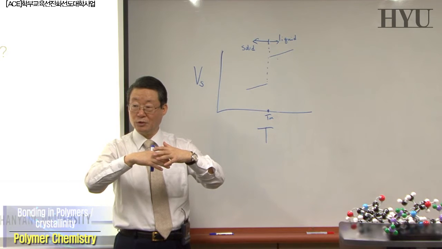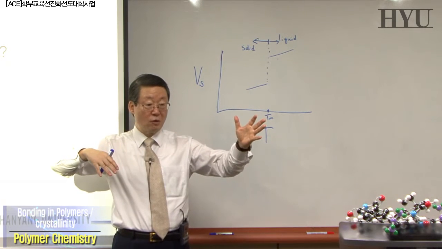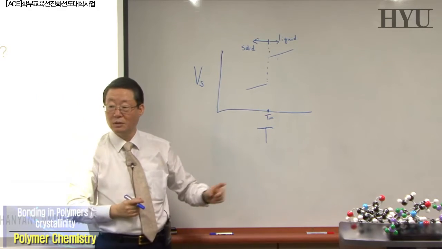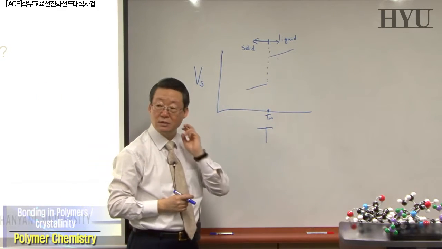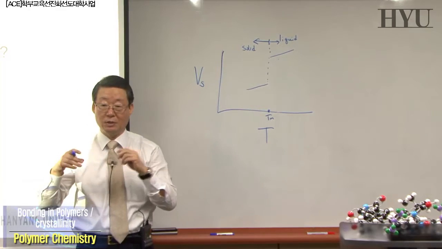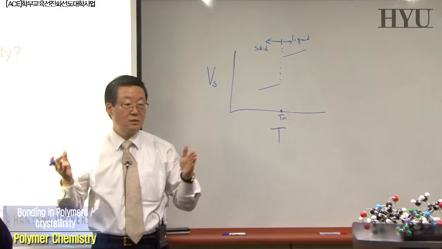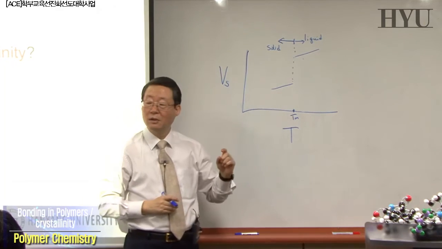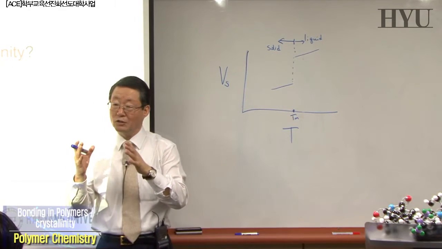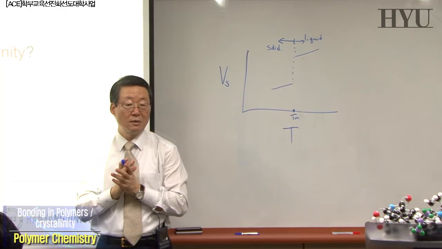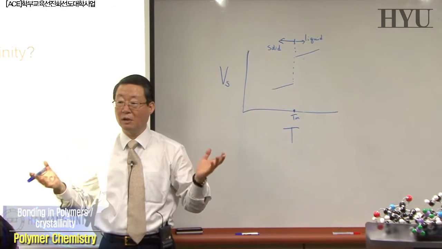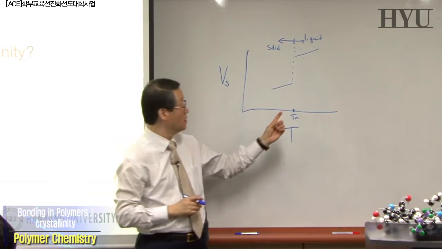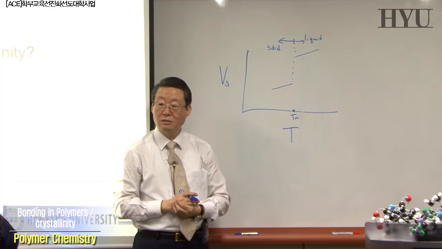From the irregular structure, your volume will enormously increase. That's why it becomes a liquid phase. And in the liquid phase, your entropy increases a lot, whereas in the solid crystalline phase, your entropy will be quite smaller. So you have an explanation in terms of the thermodynamics of melting.